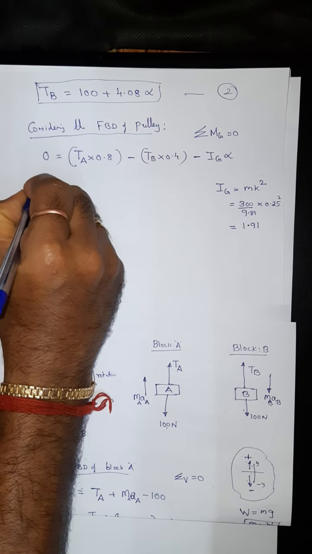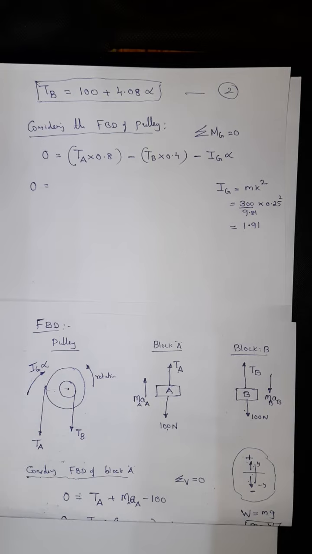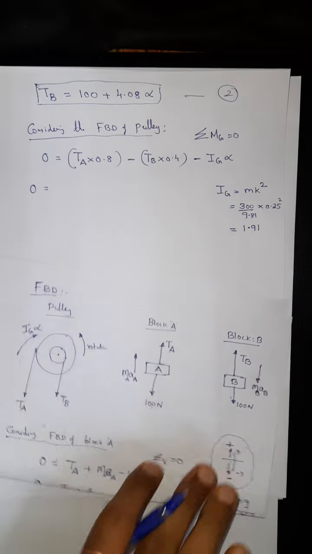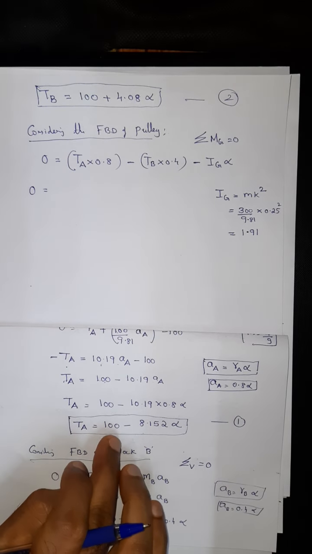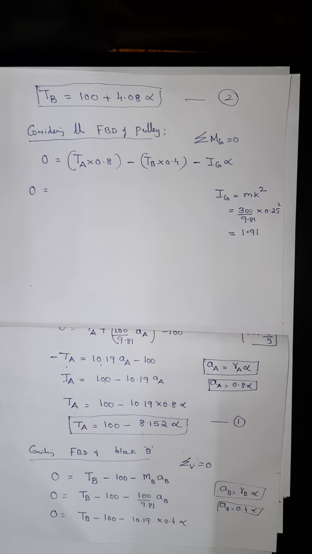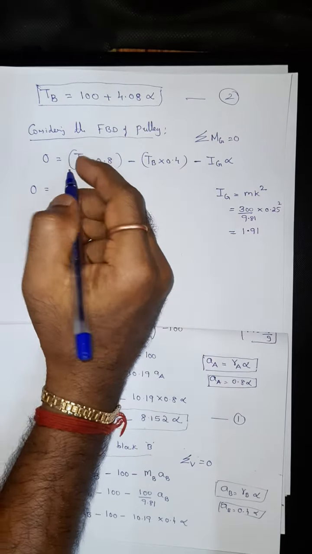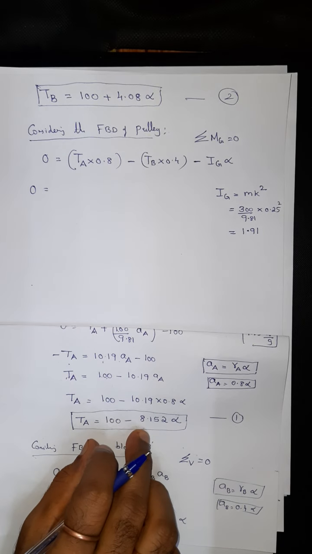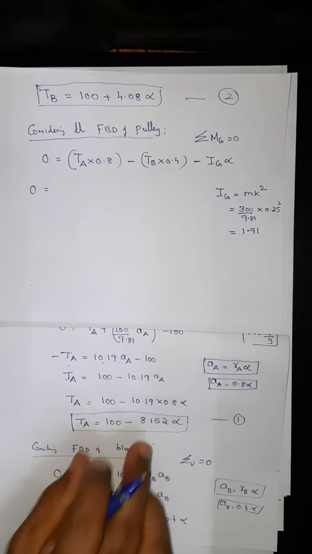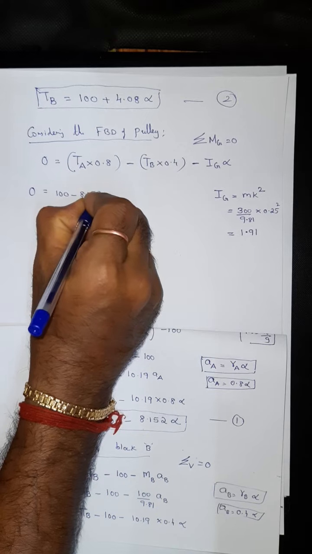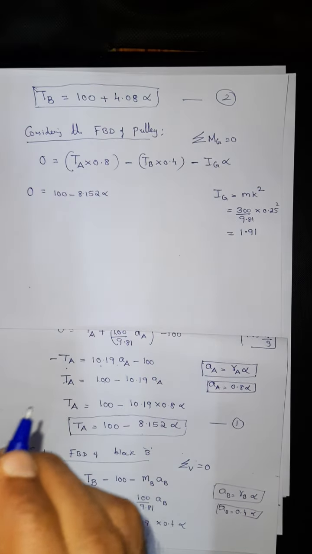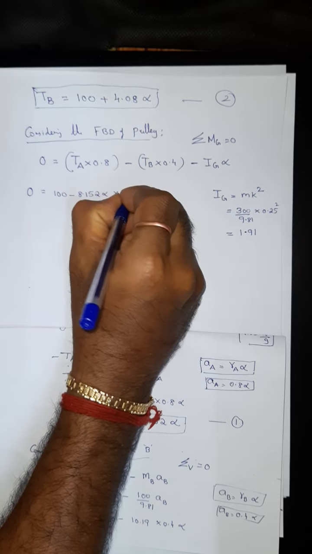So 0 equals, now for TA, just substitute the value here. TA into 0.8, that is 100 minus 8.152 alpha, into 0.8.